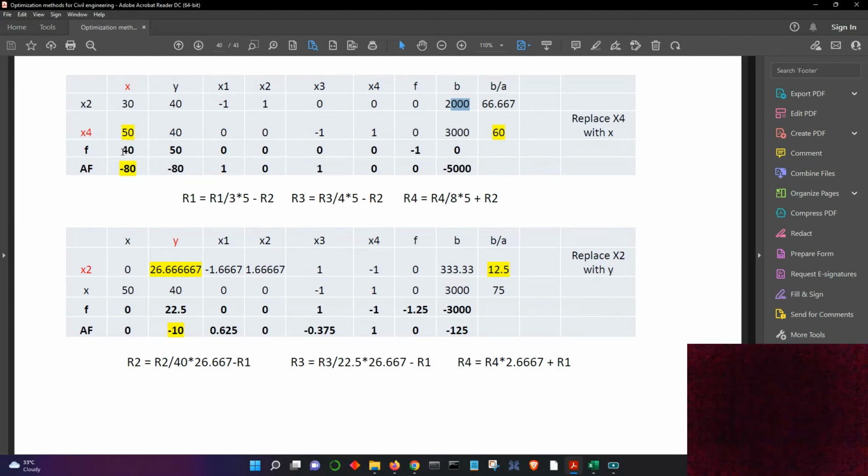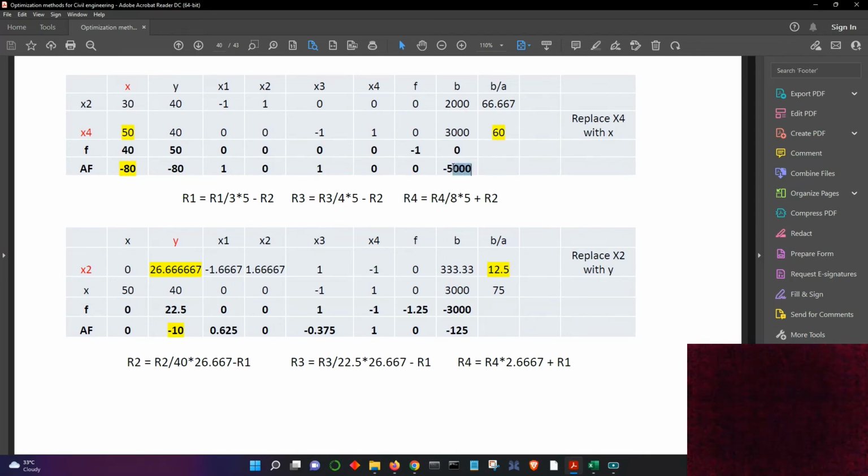And the objective function, the old objective function that we were minimizing in the previous examples, is also written here: 40x plus 50y, all these variables 0, minus f is equal to 0. And this is our new function that we are going to minimize, that is the artificial variable function. So it is going to be minus 80x minus 80y plus x1 plus x3 is equal to minus 5,000.